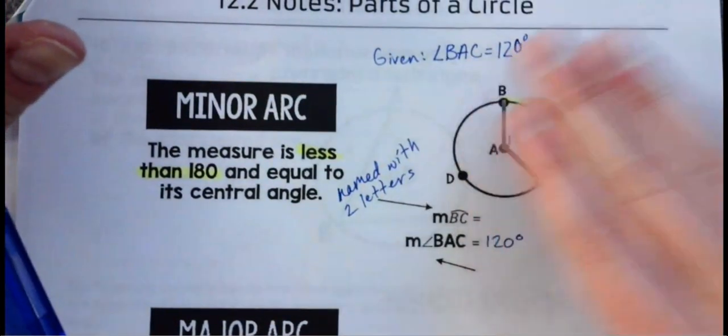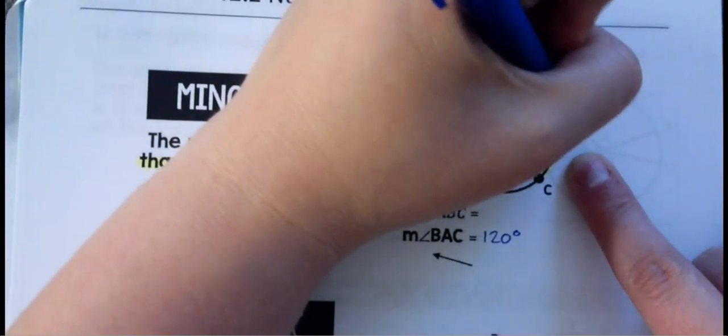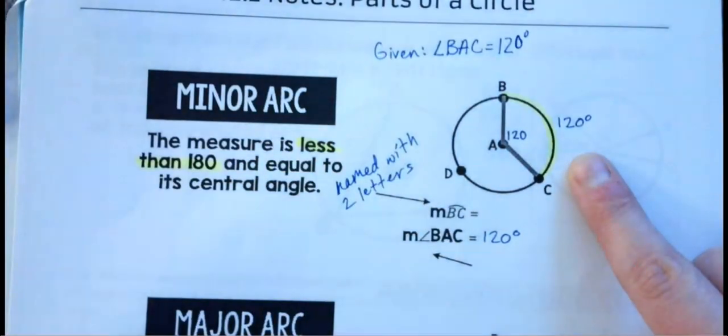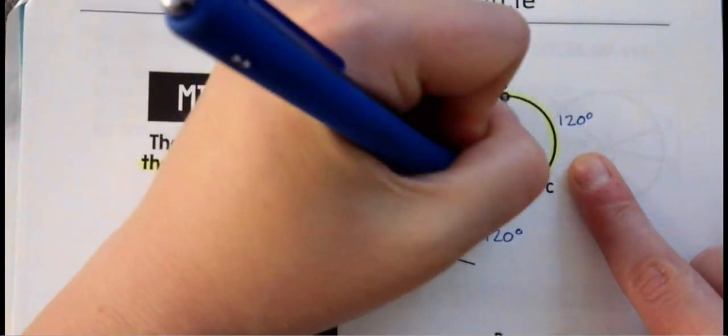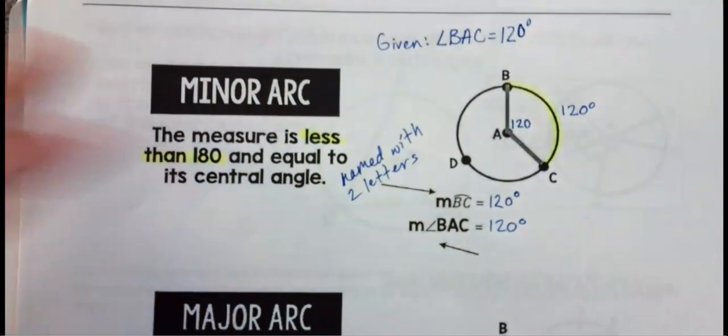This angle is 120. Central angles are congruent to the arcs that they open up to. This is going to come in handy tomorrow. We're going to talk about this extensively. So if you don't really understand it today, you will grasp it tomorrow.